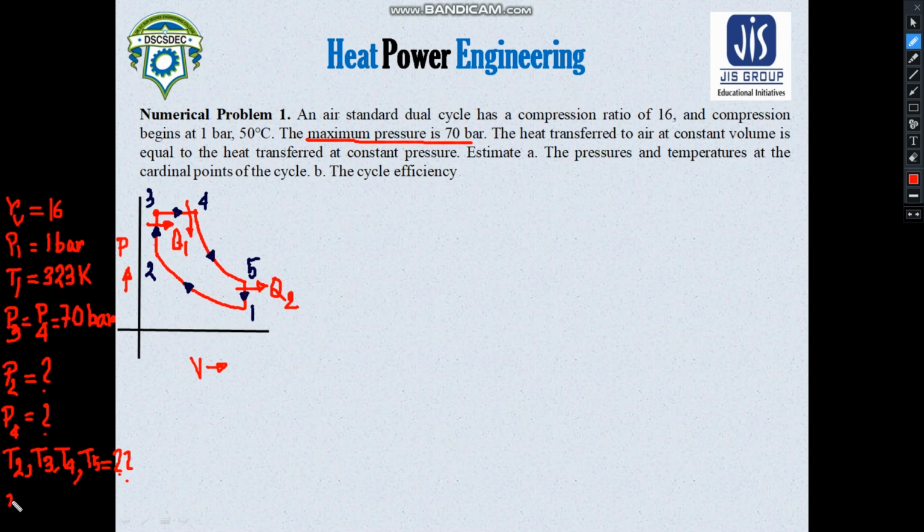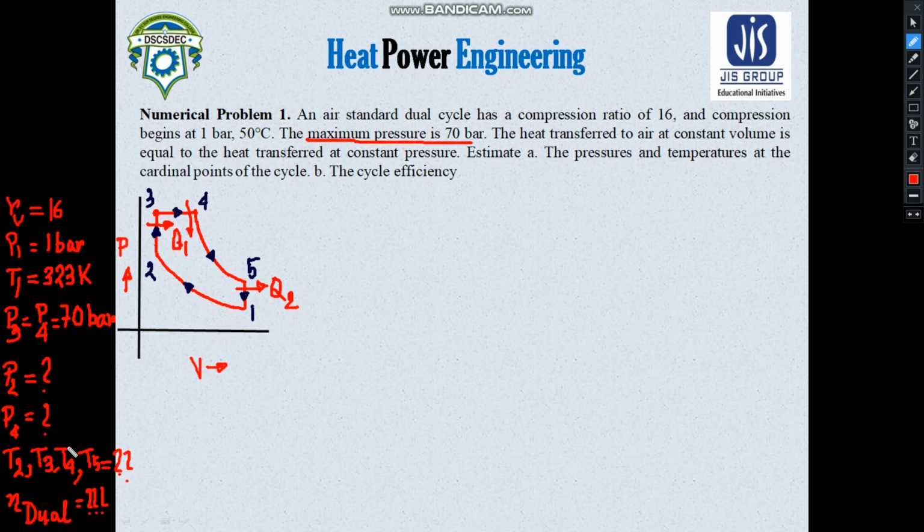And ultimately you need to find out the efficiency of this dual cycle. So this is our question. We need to find two specific pressures, these four specific temperatures, and ultimately the efficiency.